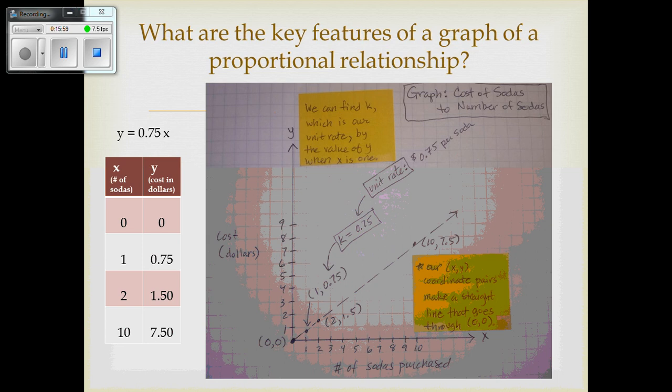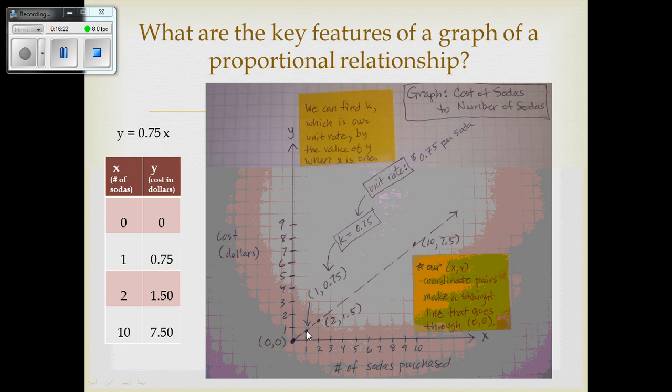So what I did was I slid, I'd like to show you, okay, here we go. I started here at 0, I slid over to 1 because that's my x value, and then it says 0.75, which is 3/4 of 1. So I didn't slide too far up.